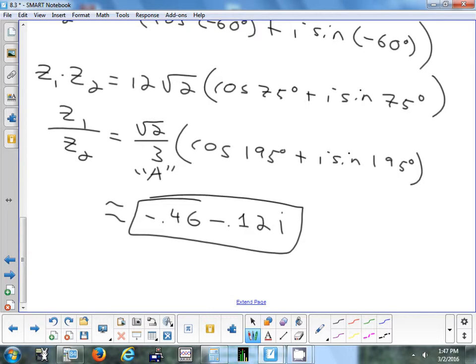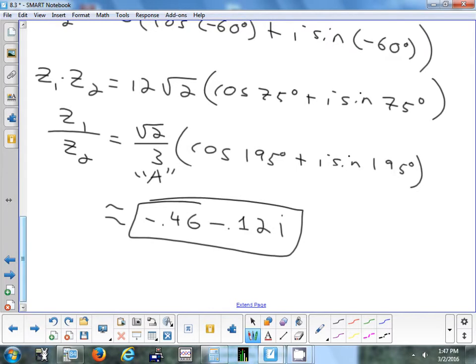That's Z1 divided by Z2 in rectangular: negative 0.46 minus 0.12i. It's just distributing it out, that's all. If they don't ask you to do that, don't worry about doing that. You don't have to. Any question on that?